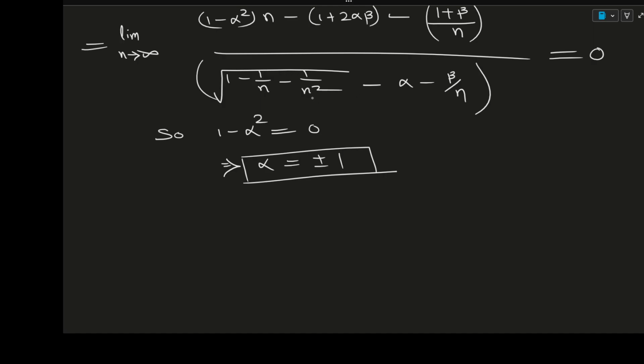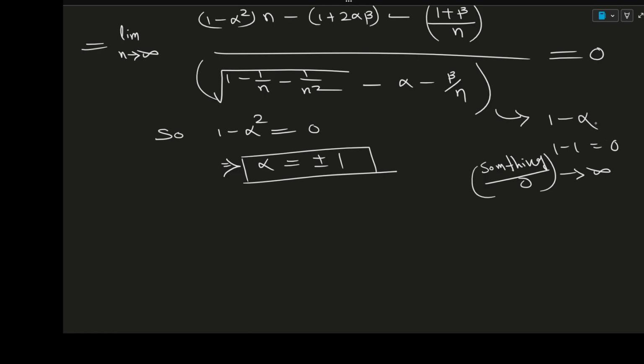When n tends to infinity, the denominator will be reduced to 1 minus alpha. Let us suppose we have taken the value of alpha as 1. Then the denominator will be 1 minus 1, which is 0. So again, something by 0 will tend to infinity.